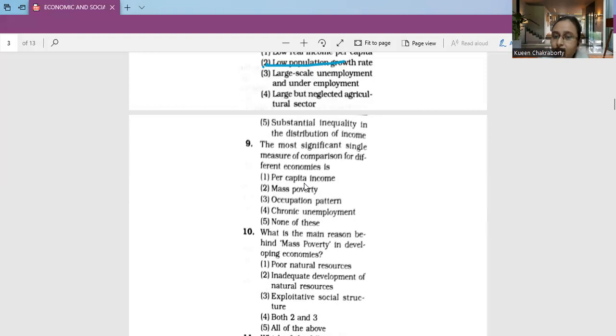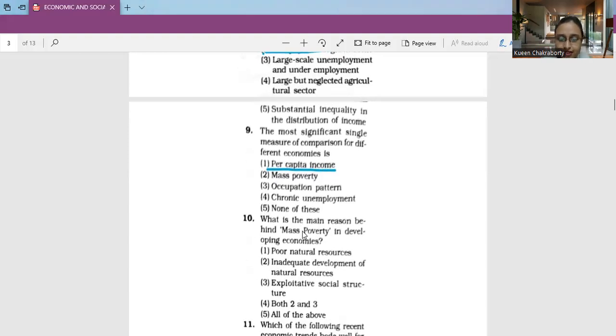So basically, when we are measuring the income differences between the various economies, we will be considering per capita income. That is one of the most essential and crucial factors of comparing different economies or comparing one economy with the other. So we have option number 1 as the correct option, that is per capita income.